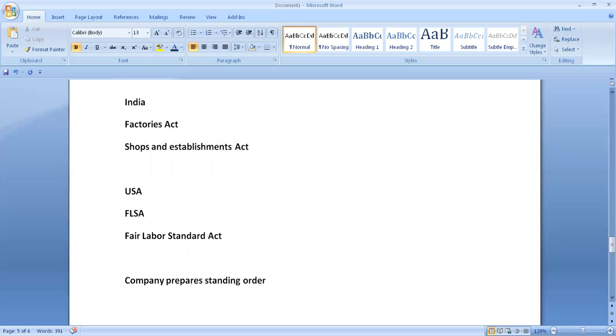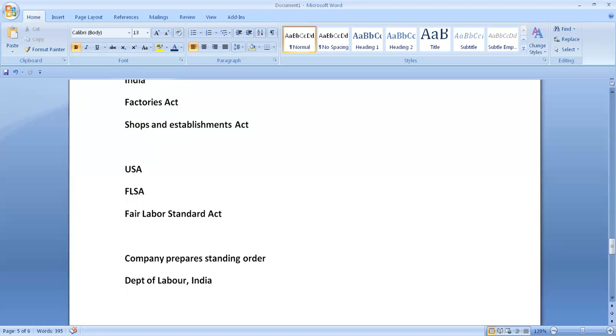They are coming under the Department of Labor, India, because this entire activity is coming under the Labor Department of India, New Delhi.